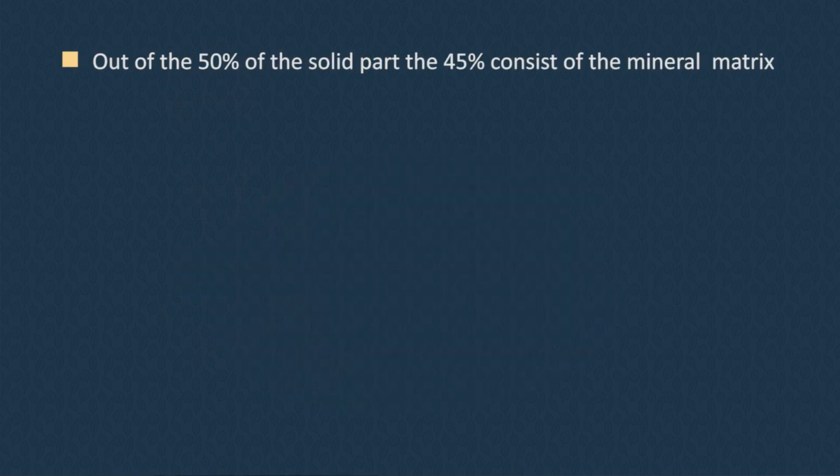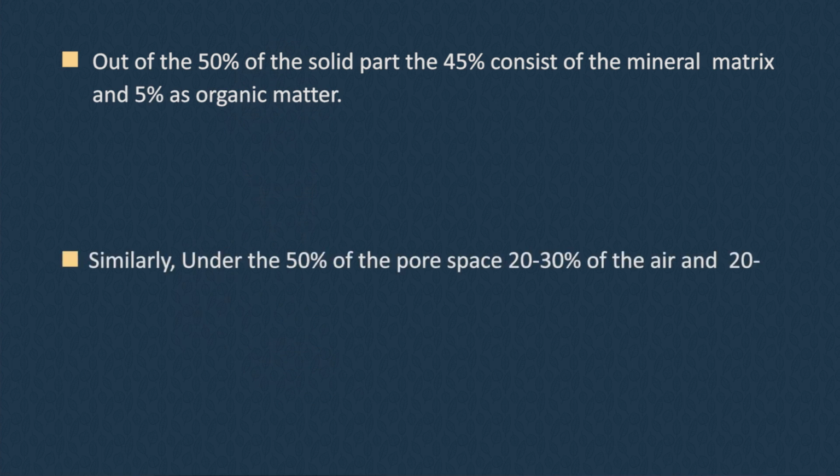Out of the 50% solid part, 45% consists of mineral matrix and 5% organic matter. Similarly, under the 50% pore space, 20 to 30% is constituted of air and 20 to 30% of water.